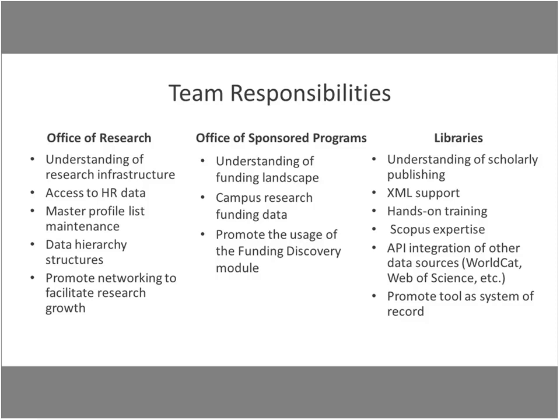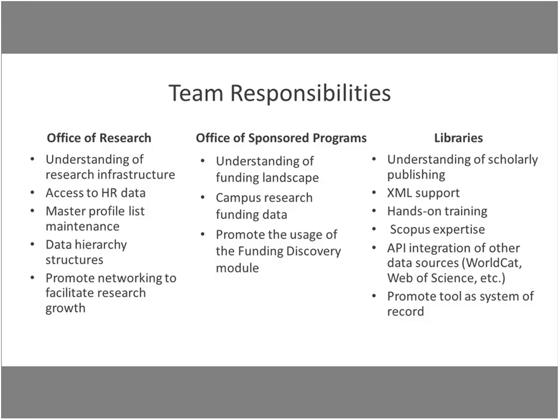One thing that makes this a little bit unique is that each group probably has a different main goal for why they're involved, which can sometimes make it a little bit complicated. For the Office of Research, their primary reason is to promote networking and to facilitate the growth of research.